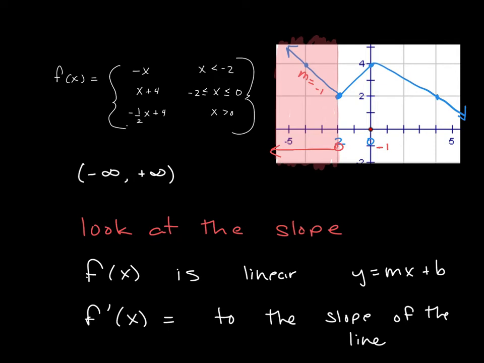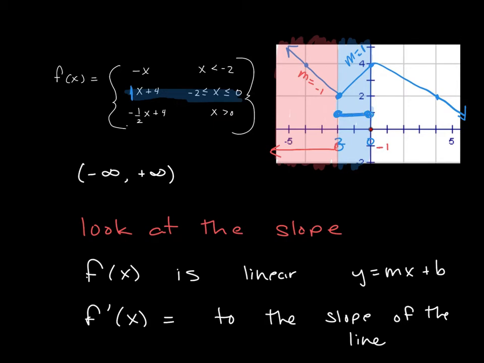For the second part of this function, x plus 4, that happens in the middle range between -2 and 0. Now for this, again, what is the slope there? The slope in this region is m is equal to 1. The graph of that for the derivative, because this one is included, has endpoints colored in. So those are your values from here to here.